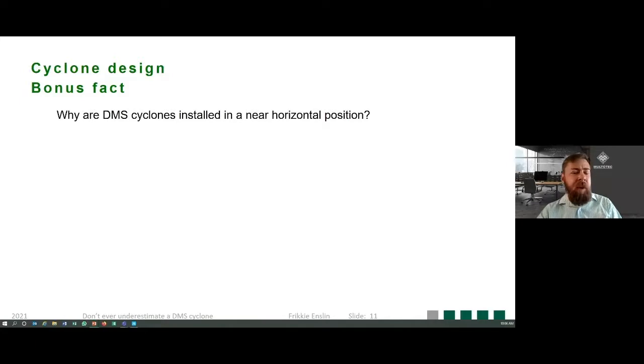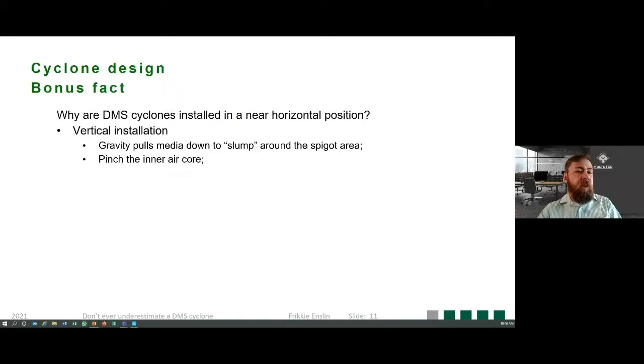Most of you may have noticed that classification cyclones are typically installed upright or vertically, and DMS cyclones are installed at an angle, near horizontal. Now the reason for this is, if you were to install your DMS cyclone vertically, gravity will work in the direction of your spigot.